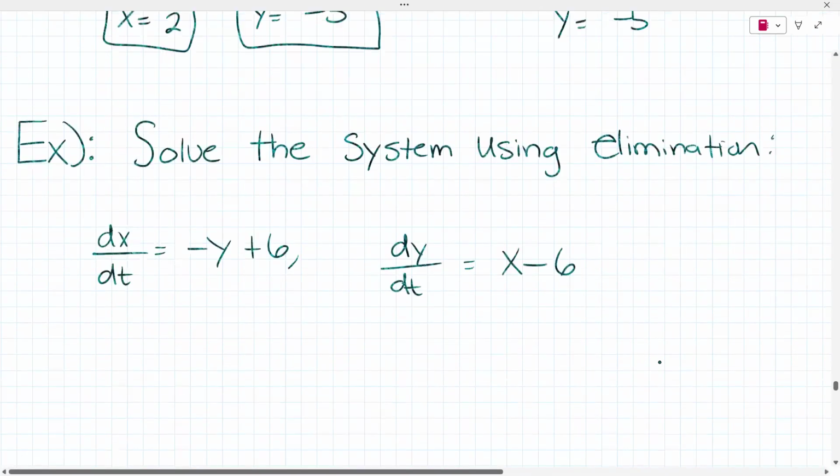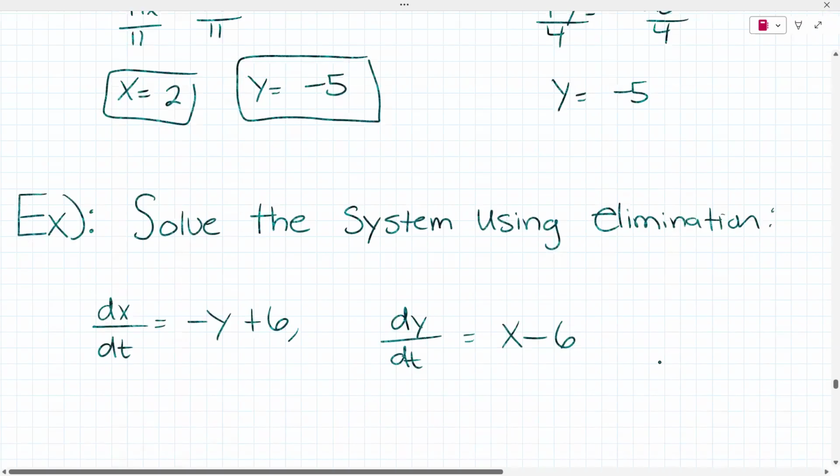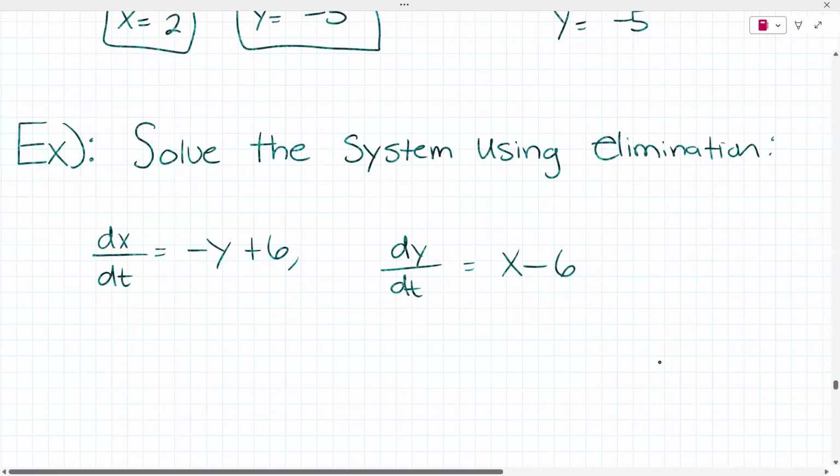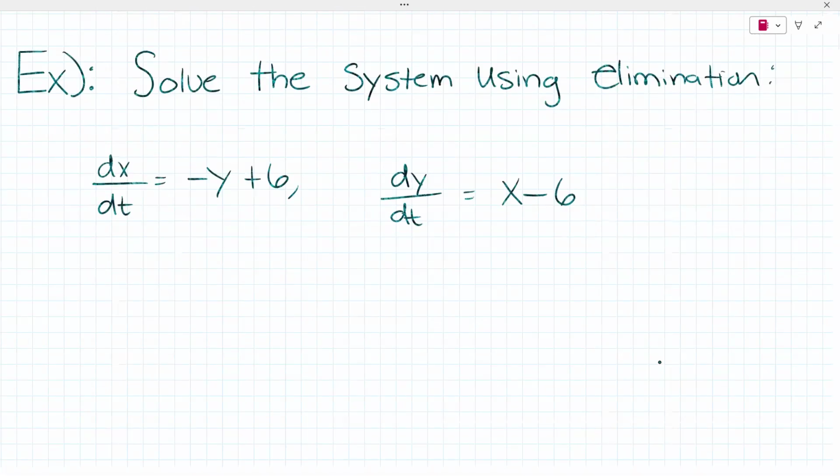Let's start with this example. It says solve the system using elimination. We have dx over dt equals negative y plus t, and dy over dt equals x minus t. So step one, rewrite both equations using differential operators.